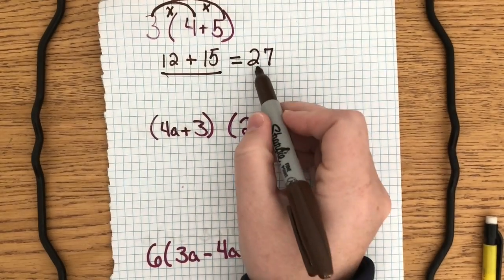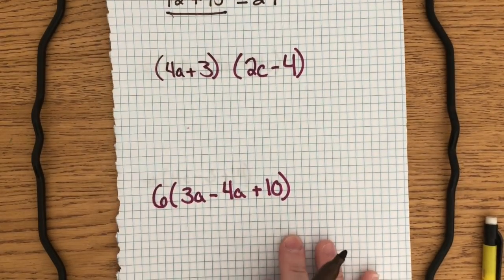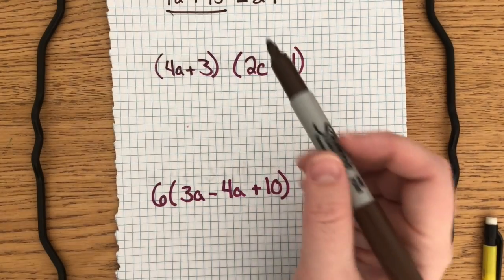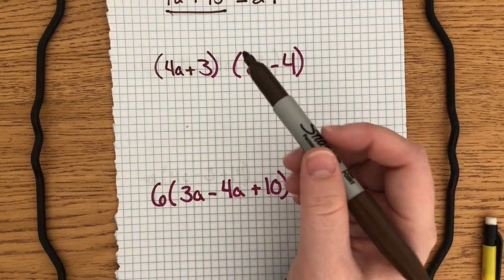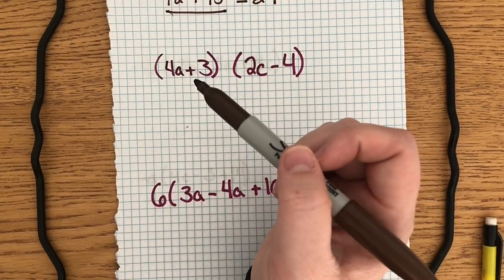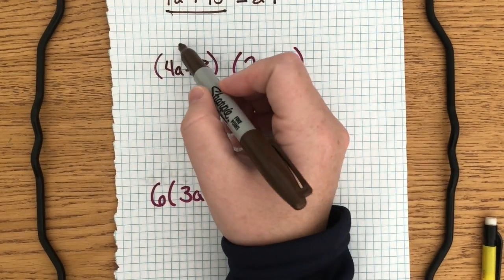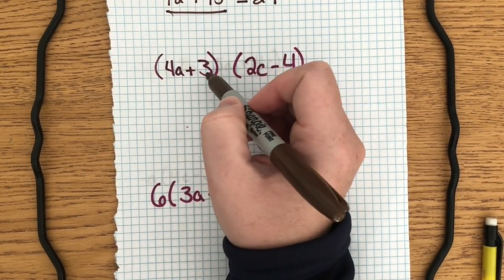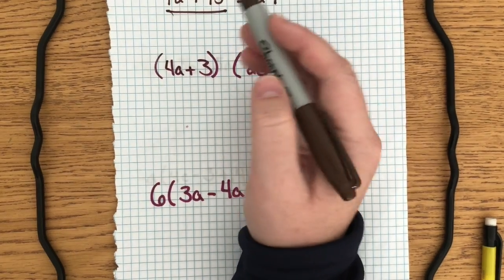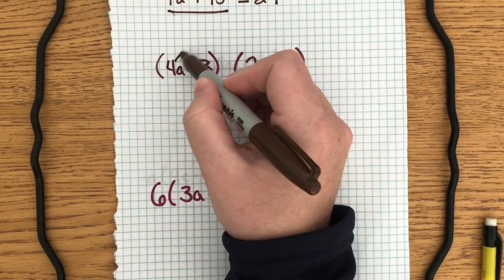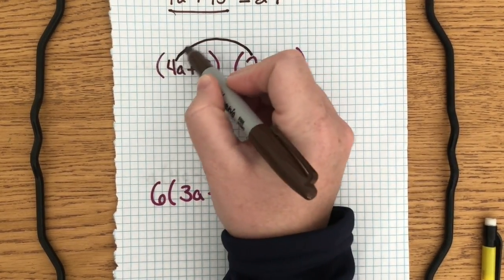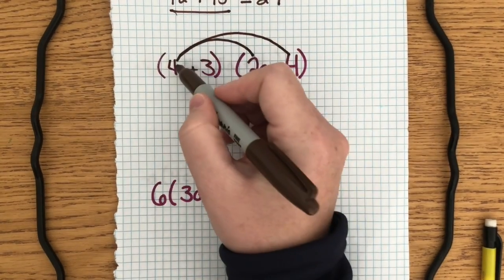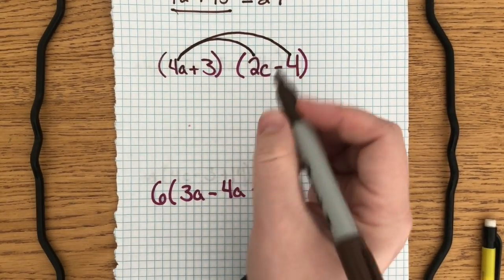Now, it's not always going to work like that. Let's take our next equation, which some of you had a hard time with on the quiz. So, instead of one term, there are 2 terms. Still distribute. So I'm going to start with the 4a. So 4a times 2c.